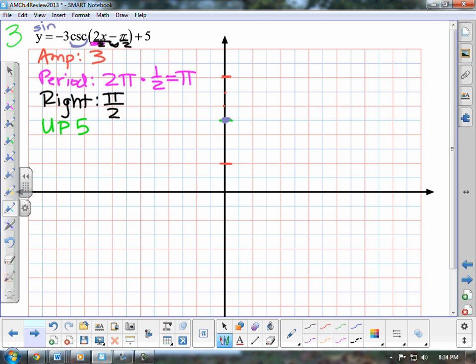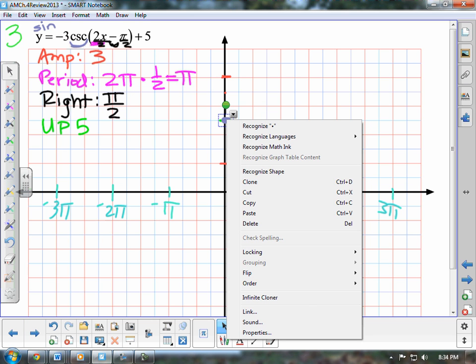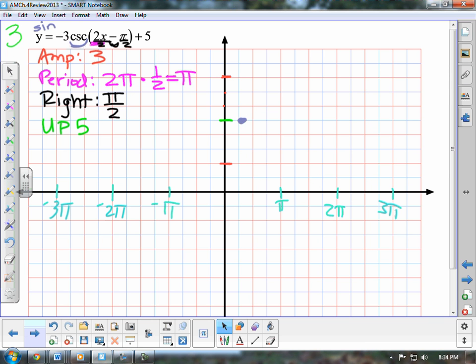And since we have to go to the right pi over 2, we are going to make the fourth line out pi, and 2 pi, and 3 pi. And so, getting back to this, sine usually starts in the middle, but we have to shift it to the right pi over 2, which is going to put it right there.